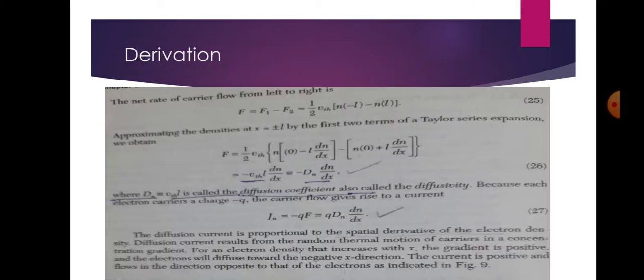The net rate of flow from left to right can now be given by the difference of F1 and F2. So F becomes equal to F1 minus F2, that is equal to half of V thermal into N(minus L) minus N(L).